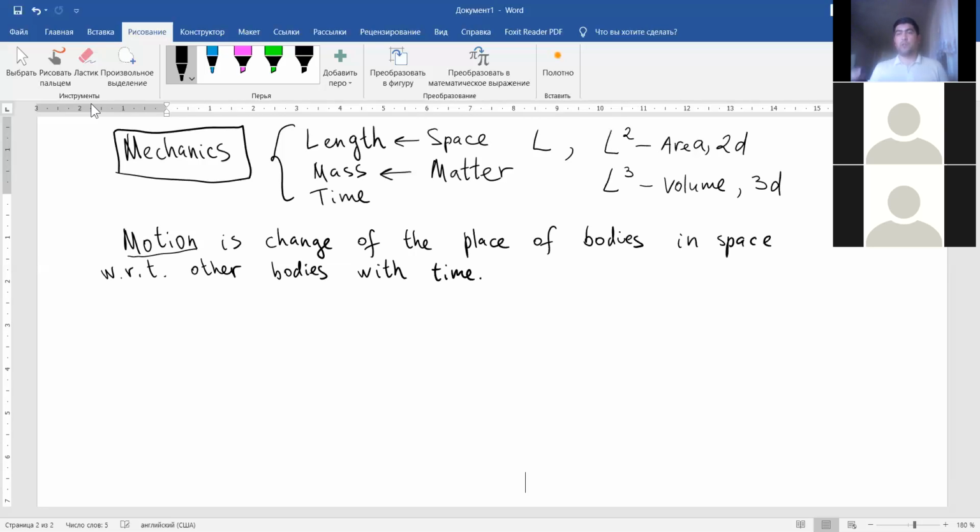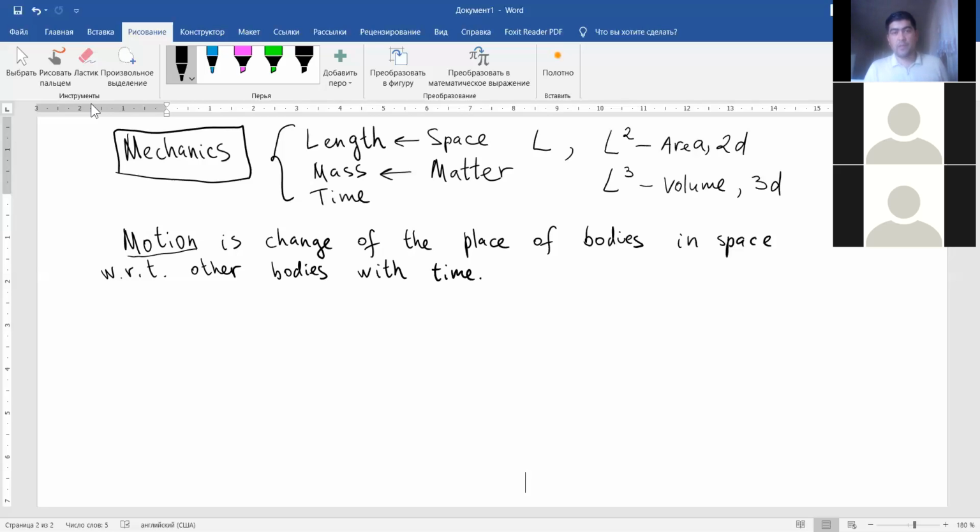So imagine the motion. Imagine this is a rocket, and the rocket moves up with some speed, and it has a place here. After some time, its place in space changes. This is motion.